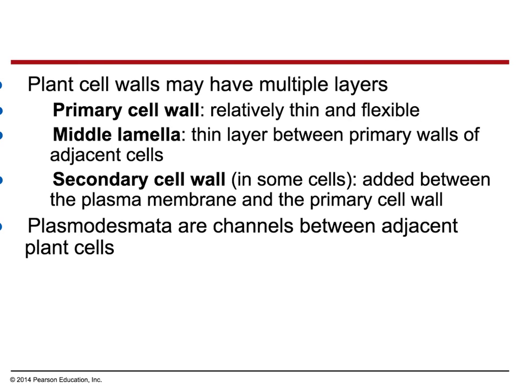In effect, that's what a plasmodesmata is. It's a hole in the cell wall that allows all the cells to communicate with each other. So the doorway is analogous to a plasmodesmata. It's an opening between the cell walls that allows all the cells to communicate.